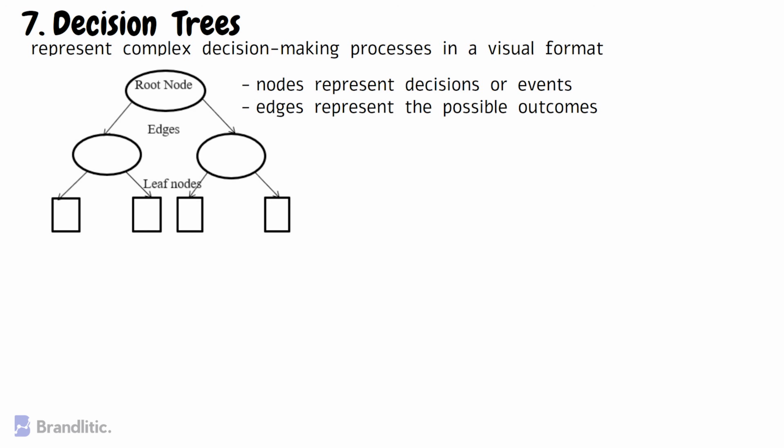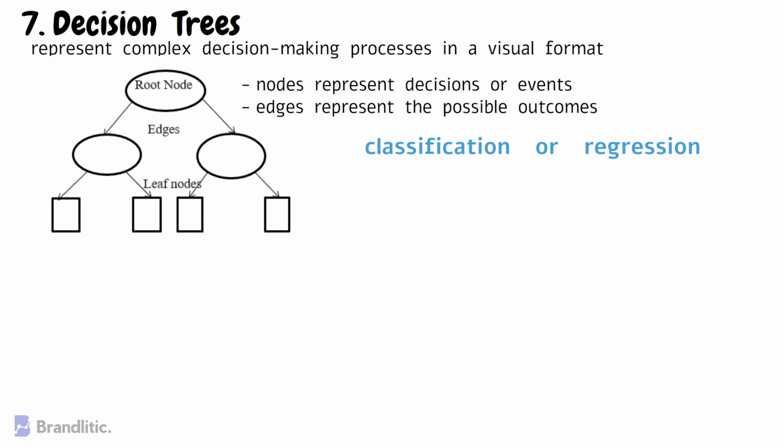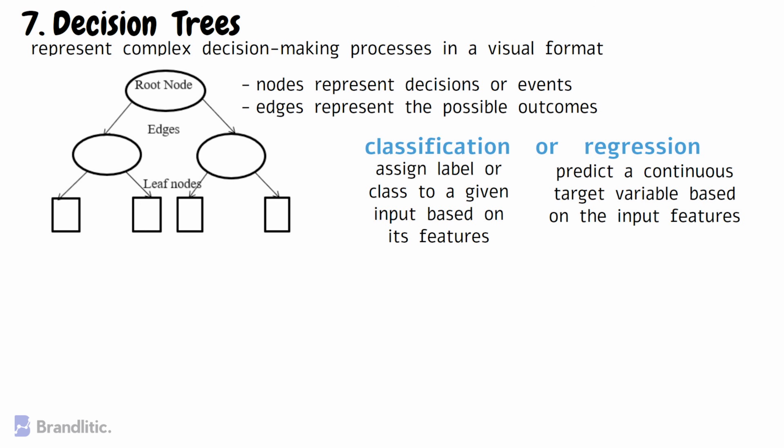Decision trees can be used for classification or regression tasks. In classification tasks, the goal is to assign a label or class to a given input based on its features. In regression tasks, the goal is to predict a continuous target variable based on the input features.